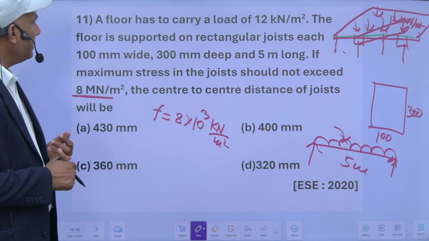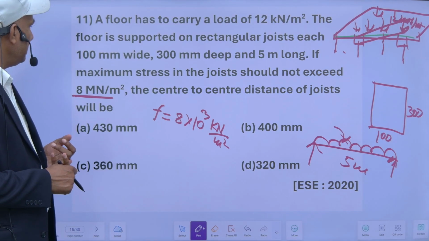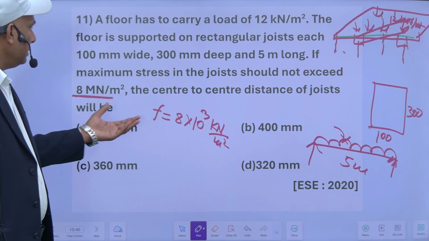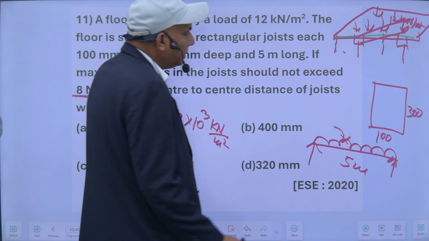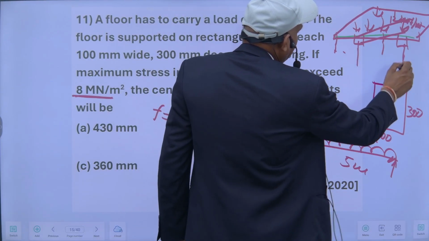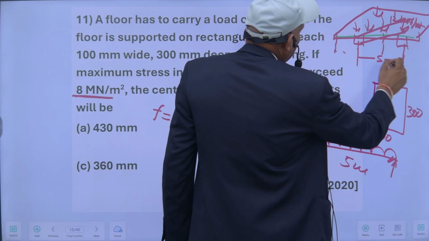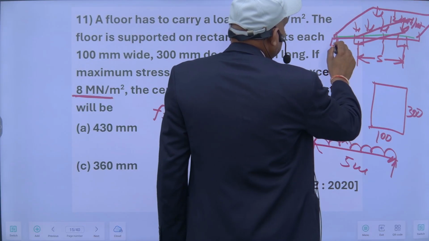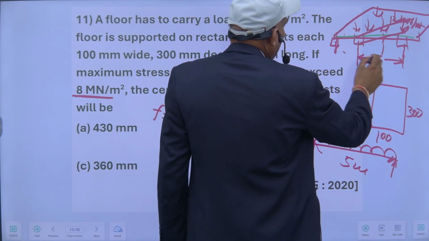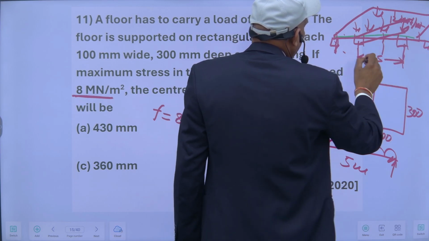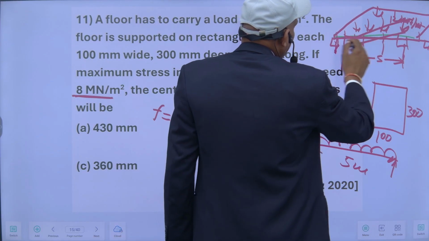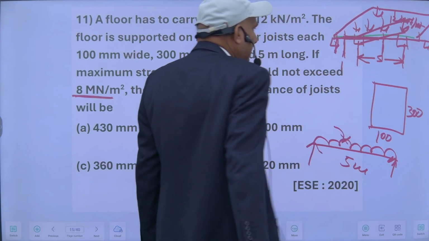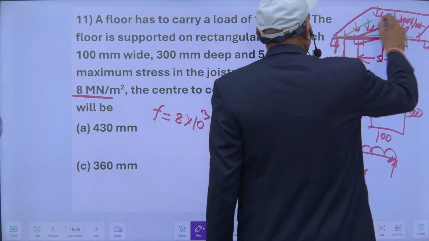The center to center distance of the joist, suppose this distance is S, this spacing is S. So load on this will be half of this, half on this side and half on this side. This much load will act on a joist.